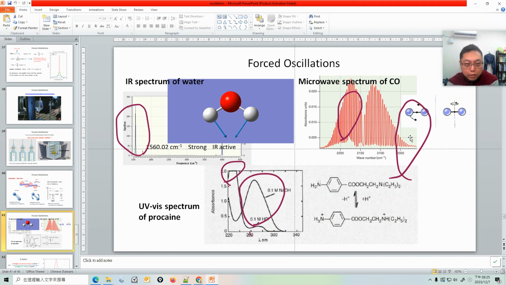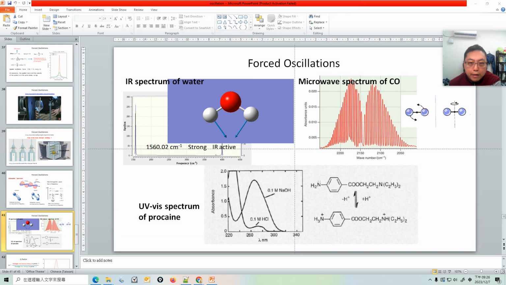Resonance happens in every field of science and engineering, and that's why forced oscillation is so important. I don't know why in general physics textbooks forced oscillation gets only one page, because it's a very important phenomenon across every field.